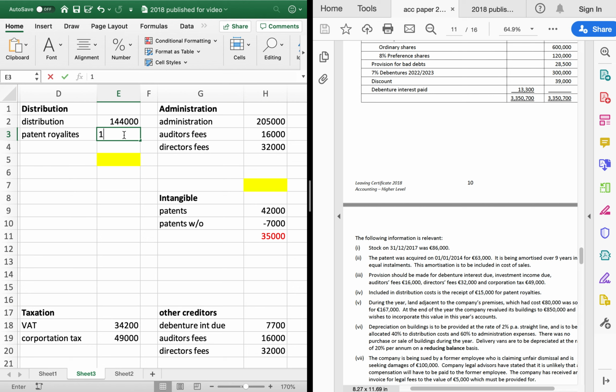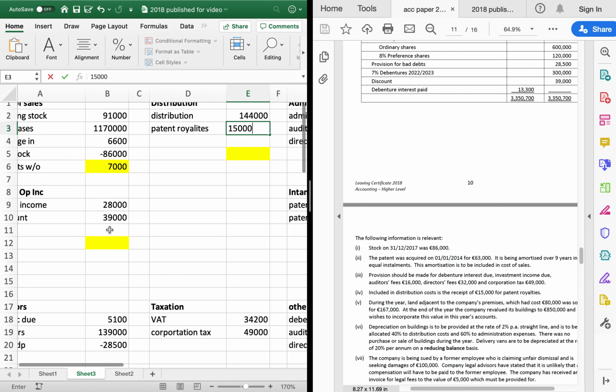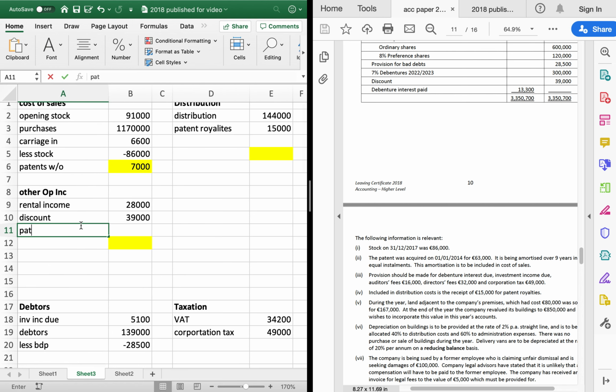So distribution costs is 159,000, but there was 15,000 patent royalties, which is on the credit side. So it brings it down to 144. So to get the real number, you add it back on. So that 15,000 gets added into distribution. It then also has to go into other operating income. It's patent royalties is income. So it's money you get from owning a patent.